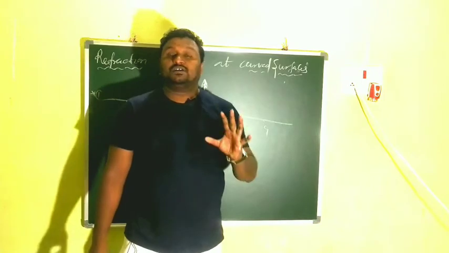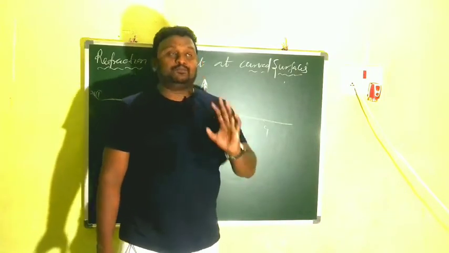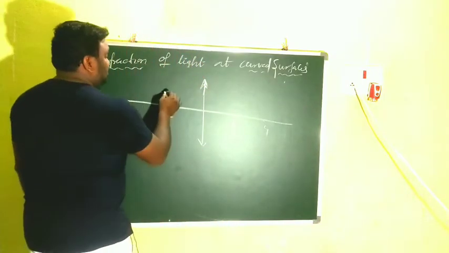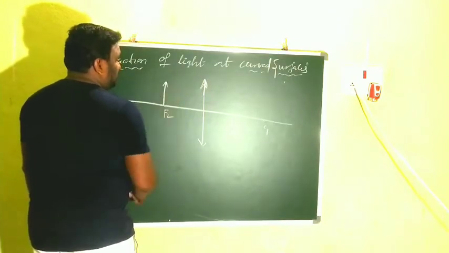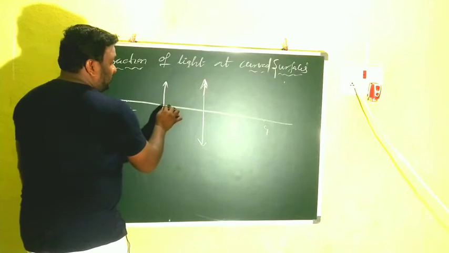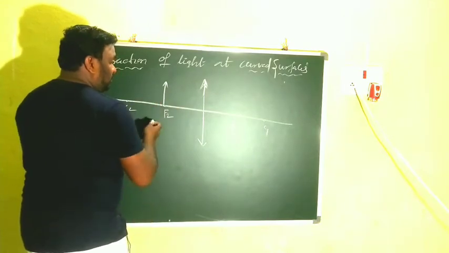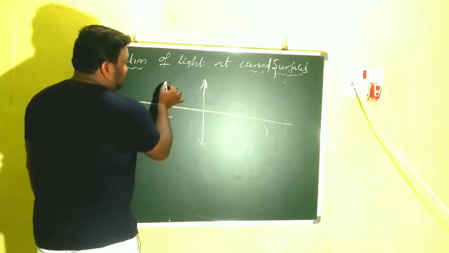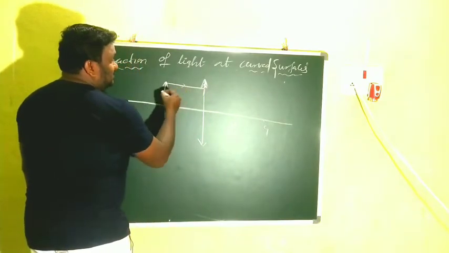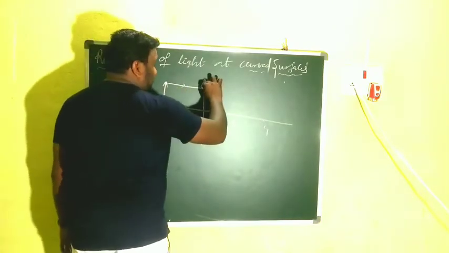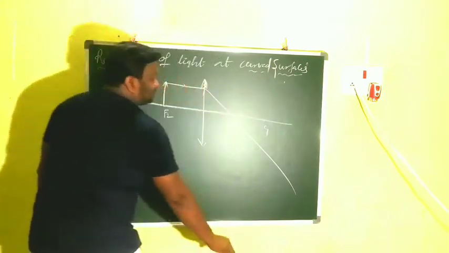The first situation is that the object is at the focal point. So here I am taking this as the object. Clear? At this point, which point is it? Focal point. And now this is the ray parallel to the principal axis. After refraction it should pass through the focus.